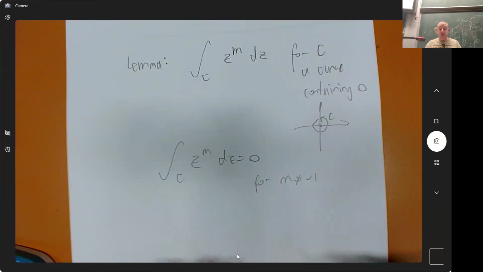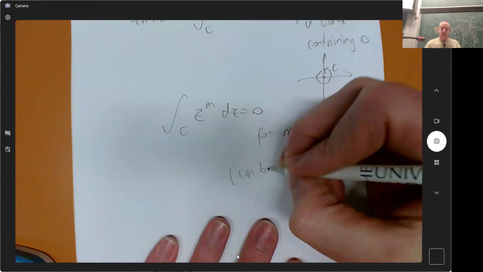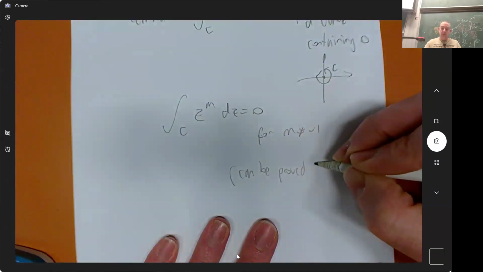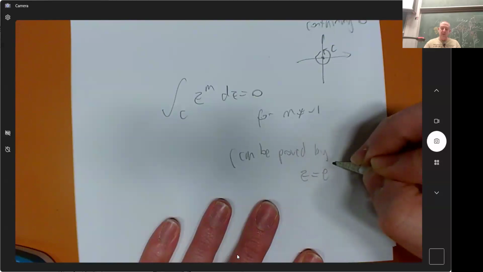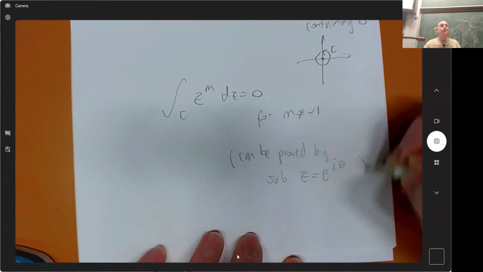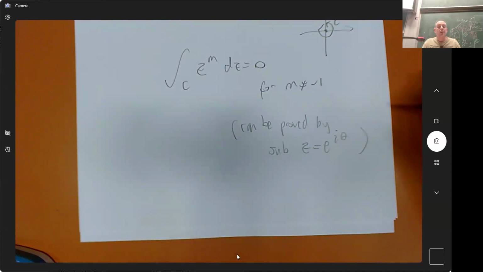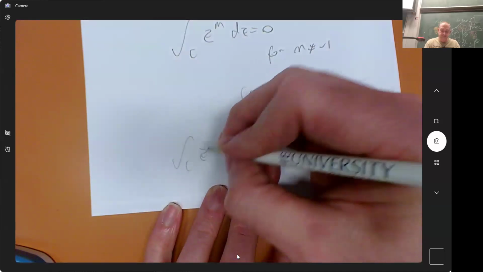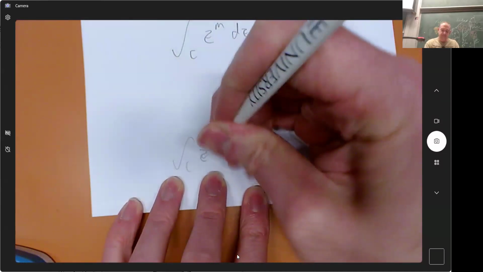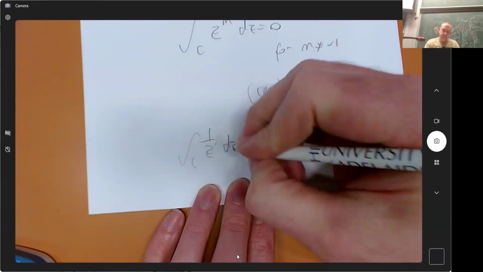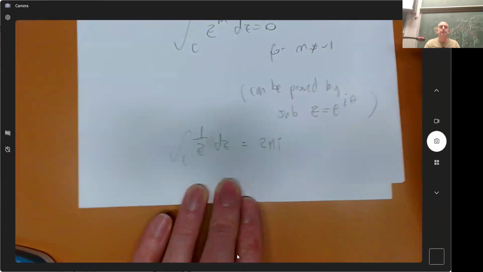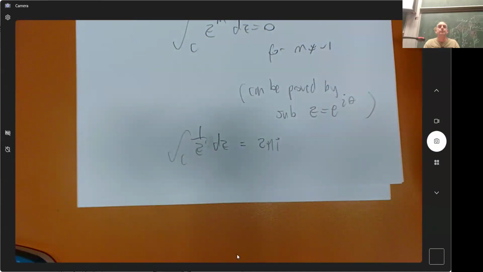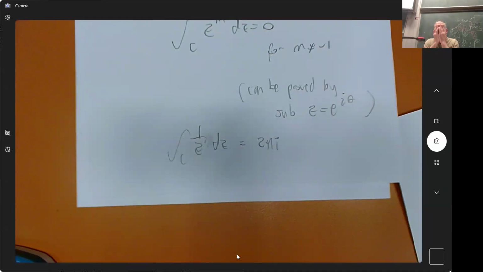And so this can be proved by doing z equals e to the I theta, by doing that substitution for the curve. And if m is -1, this is just 2 pi I.